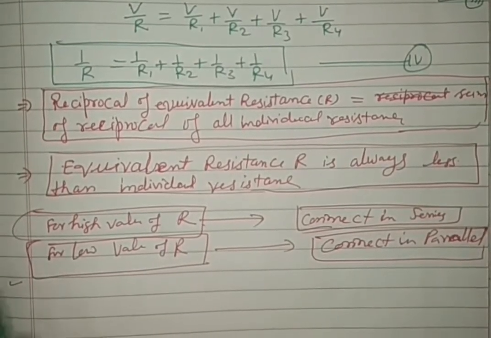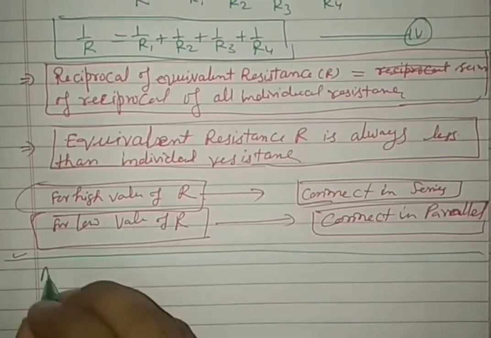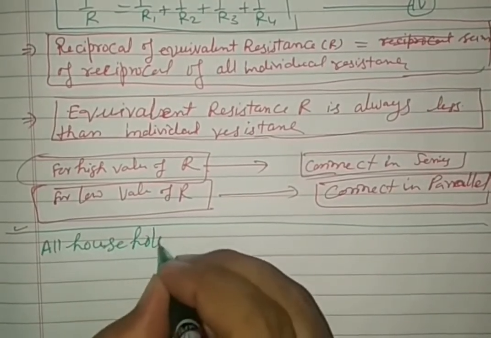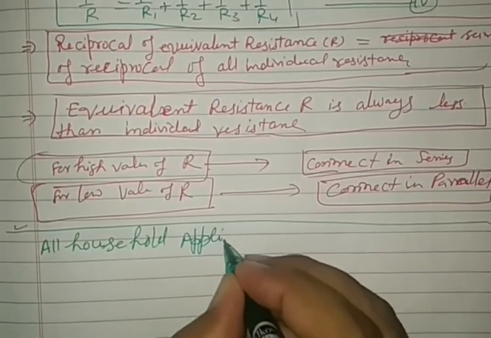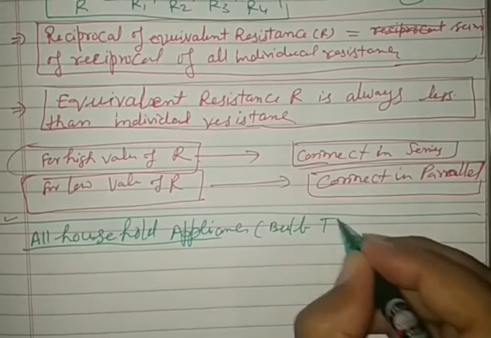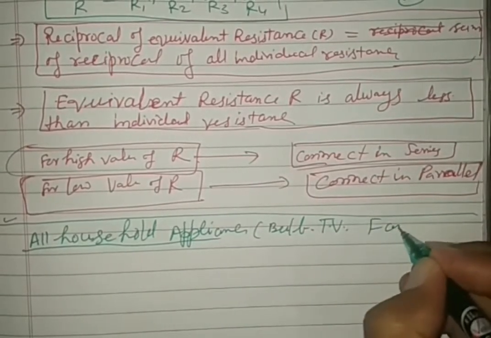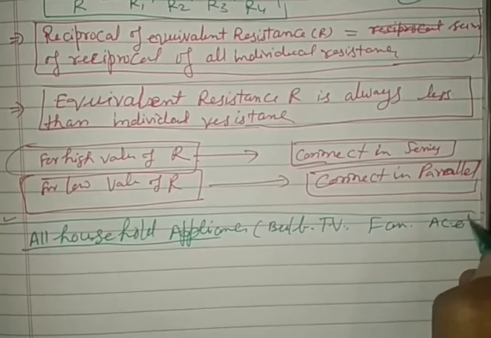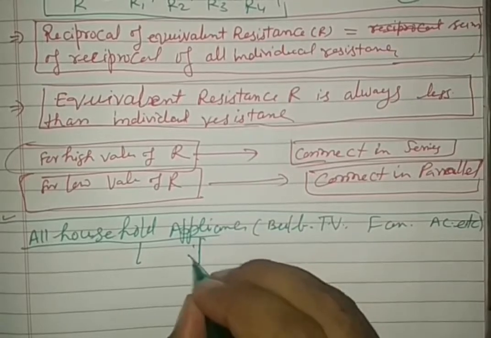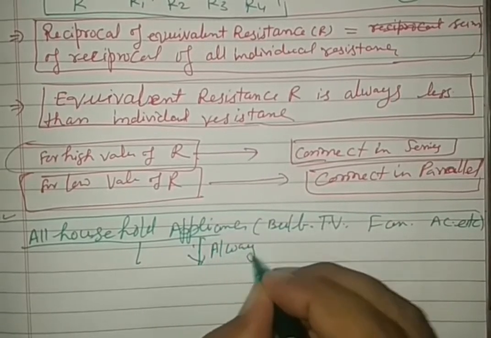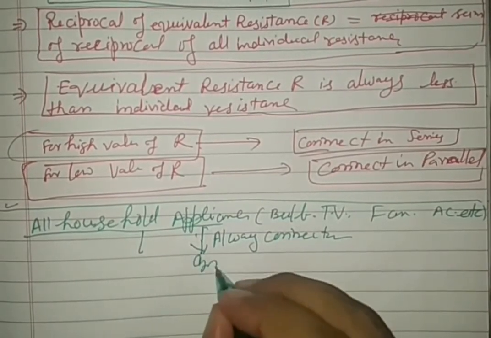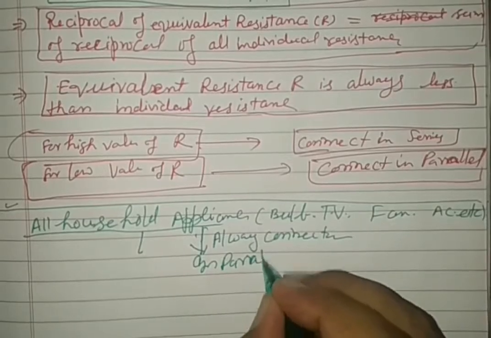One more important point I want to explain. All household appliances such as bulb, TV, fan, AC, etc. are always connected in parallel.